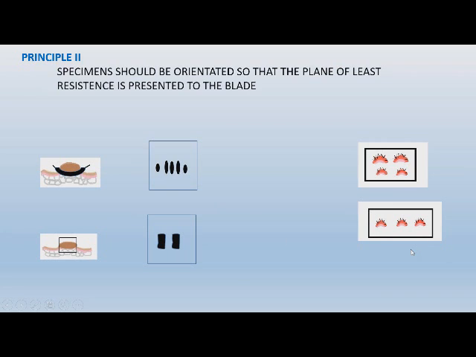And that is one way to do it, and you're perfectly okay if you want to cut it that way. But as far as this rule goes, we are still going to be presenting to the knife edge more resistance than we would if we simply did something like this. And if you had to, you could actually put the ends here and still avoid the resistance as well as the knife marks.